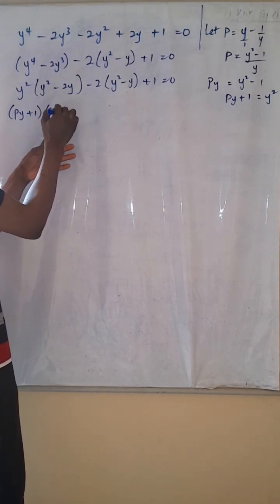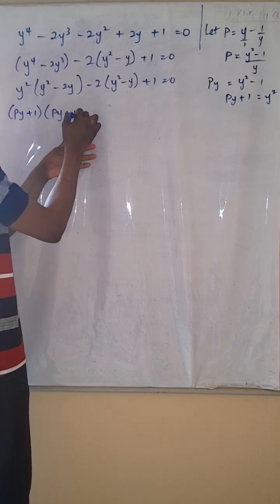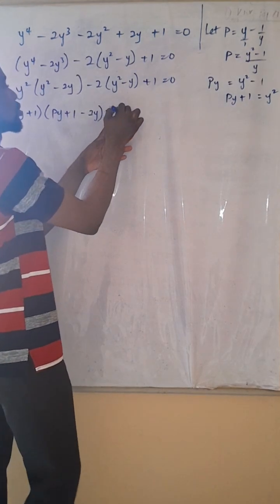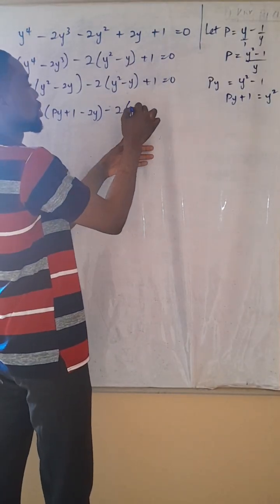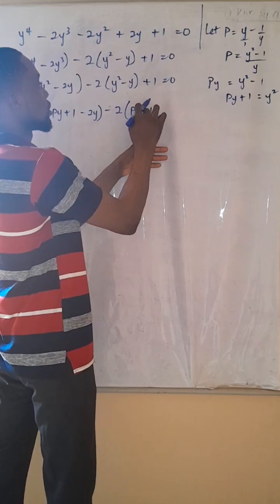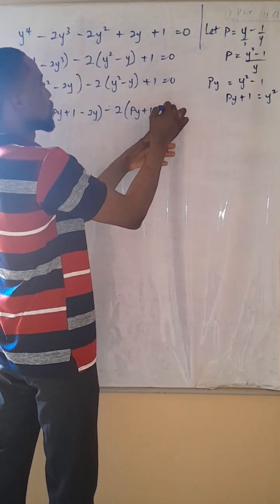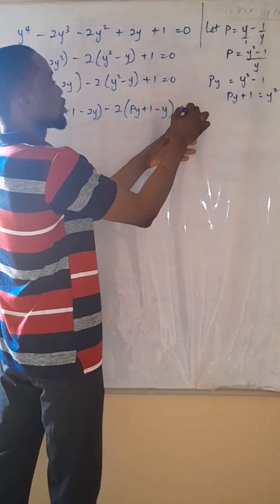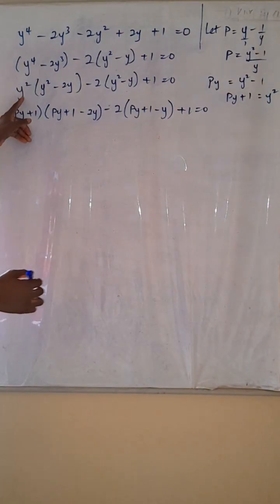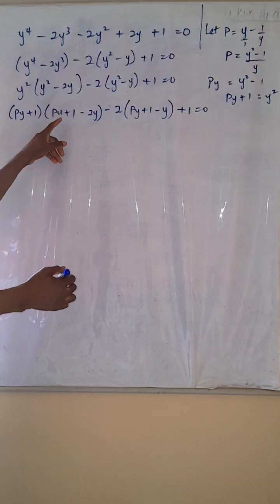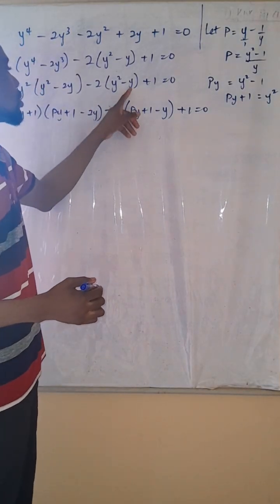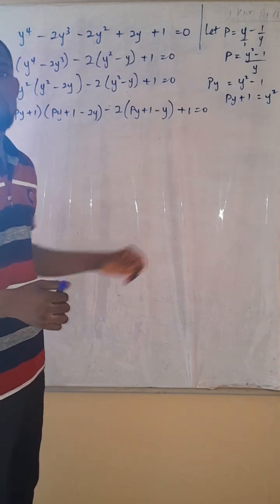This alone is what? py plus 1, then minus 2y, then minus 2 into py plus 1, minus y plus 1 equals to 0. So y squared is py plus 1. What remains? Minus 2y minus 2, py plus 1 minus y plus 1 equals to what?